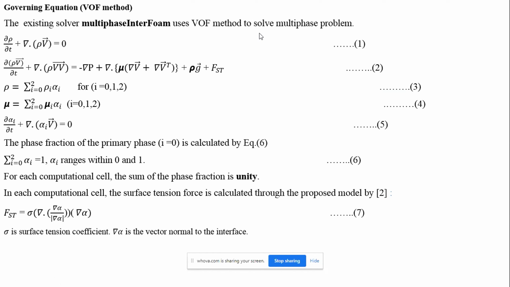The surface tension force is already implemented in this solver. Equation 5 is the phase transport equation for the phase fraction. Whether the primary phase is air, water, or oil, these are all different phases, so one transport equation is implemented as equation 5. But one thing we should keep in mind is that for each computational cell, the sum of the phase fractions is unity.